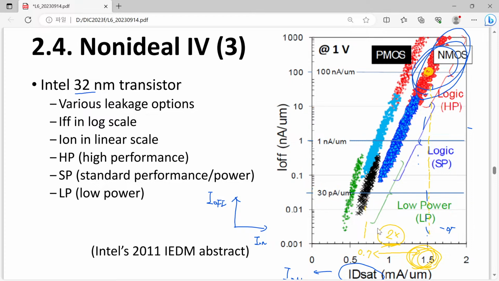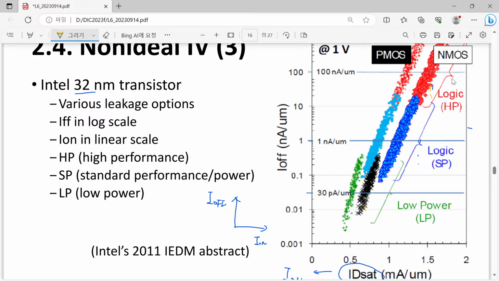Okay, so now you understand the trade-off between on current and off current is not symmetric, but people are really willing to spend more leakage current for higher performance in some cases. That logic, standard and low power just shows a certain line.